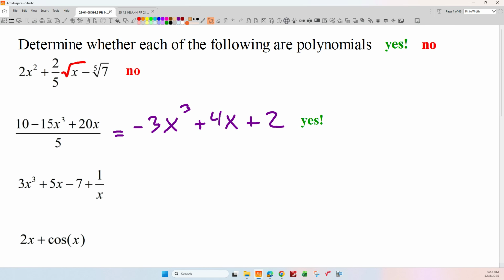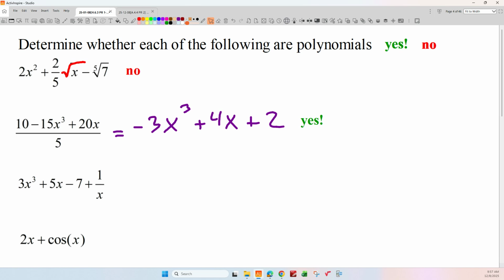Good. Okay, next one. Look at it for a second. Thumbs up or down, what do you think? I'm seeing some thumbs up. I'm seeing a couple thumbs down. How come thumbs down? Because where? Yeah, the x on the bottom is a problem. Because if I were to rewrite that, what power of x is that if I have an x on the bottom? -1.